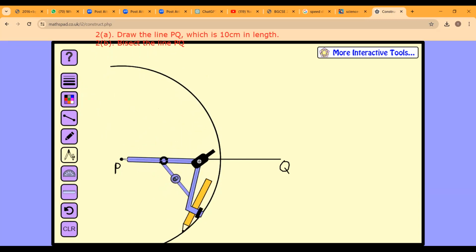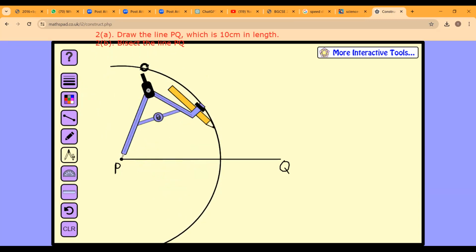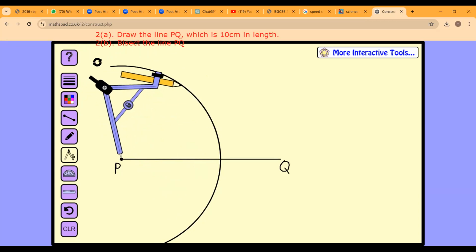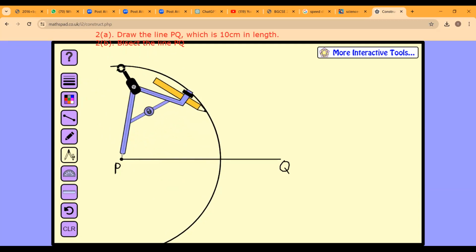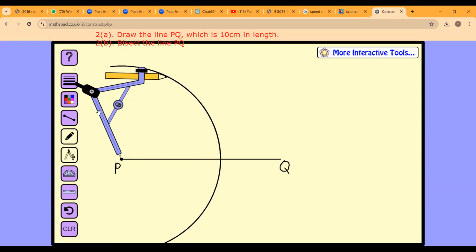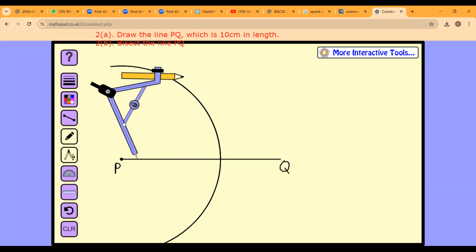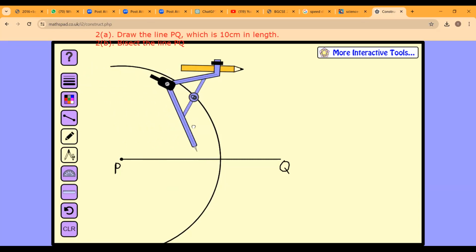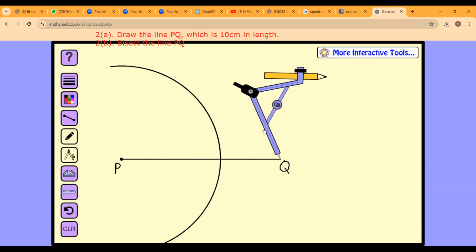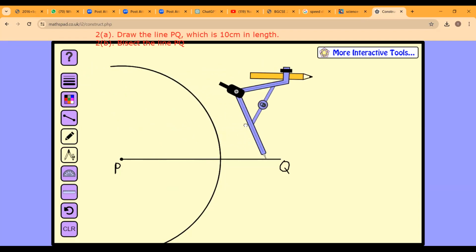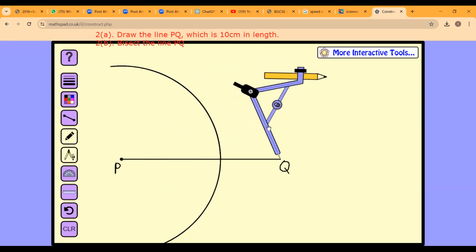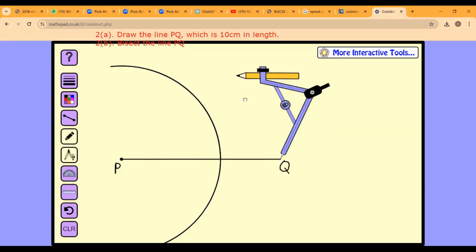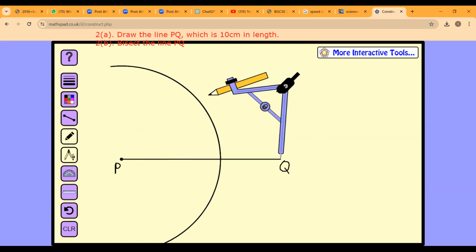Now, Chai, what is the next step? What is the next thing we're gonna do? Put the compass point at where you bisected the line, at the end, and then make another arc.